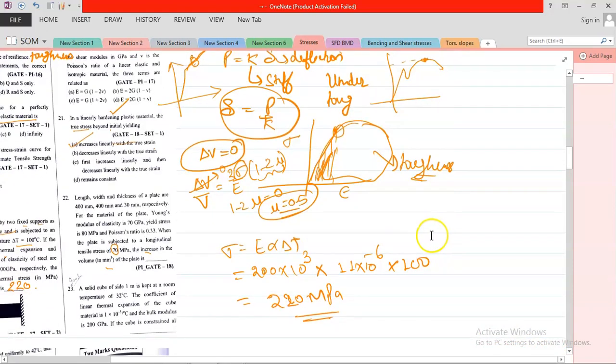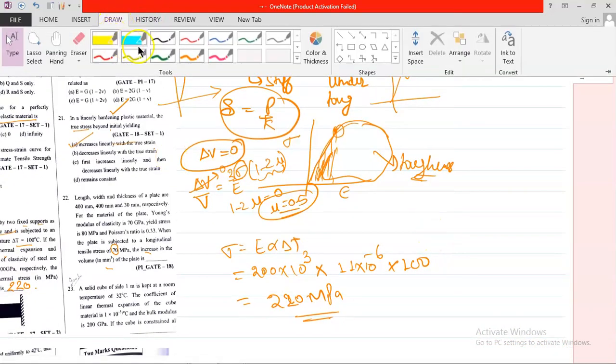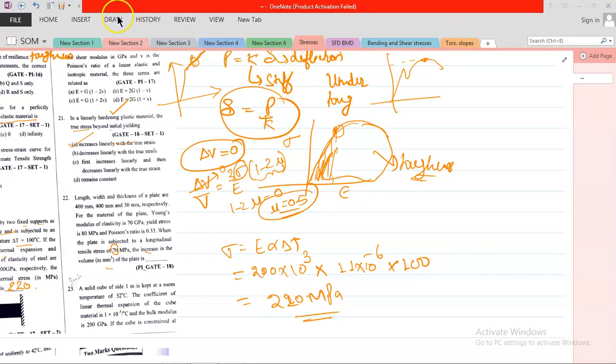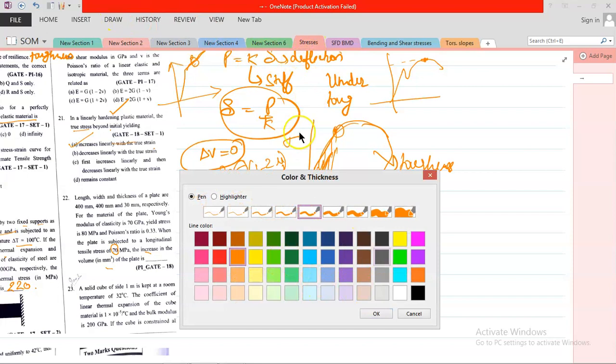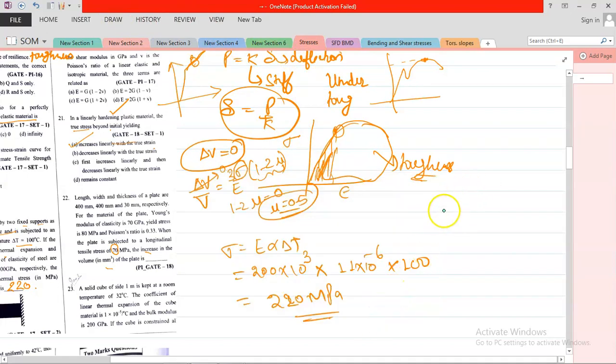I will solve it here. Let's change the pen. Suppose this is your 3-dimensional block, and each dimension is given. What is the change in volume, delta V?